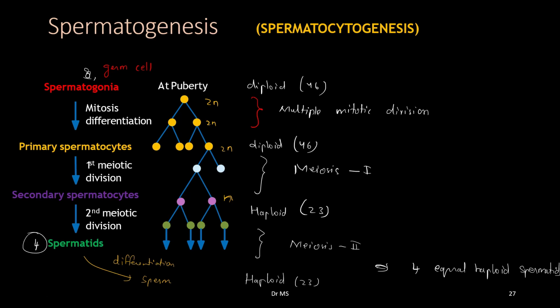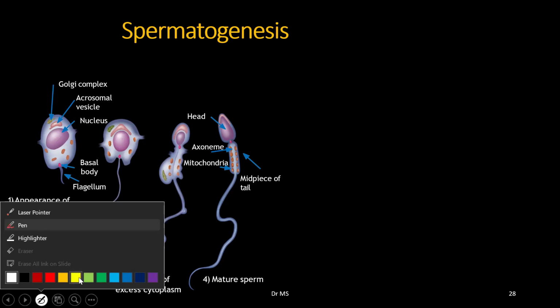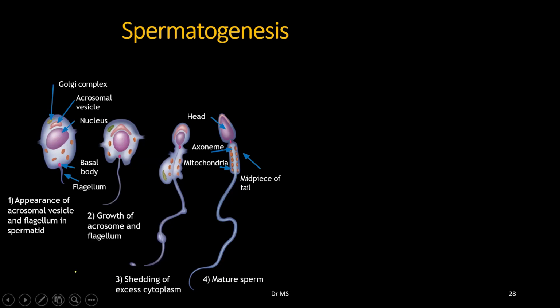Finally, whatever spermatid is formed will become the functional mature sperm, and we call that spermiogenesis. It happens within spermatogenesis.